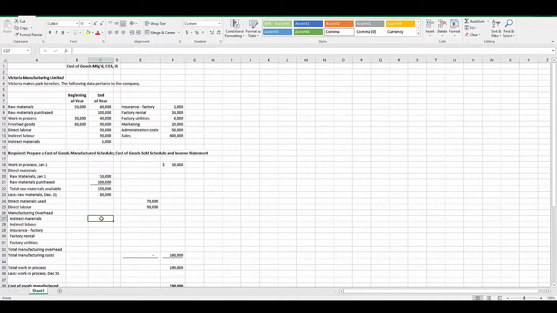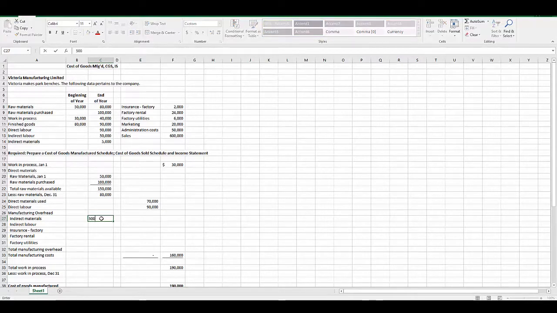Indirect materials generally refers to the small items that you need to run your operations. It could be small nuts and bolts and lubricants, things of that nature. So generally small amounts that you need to run your manufacturing department. In this case, we're told that our indirect materials are $50,000.